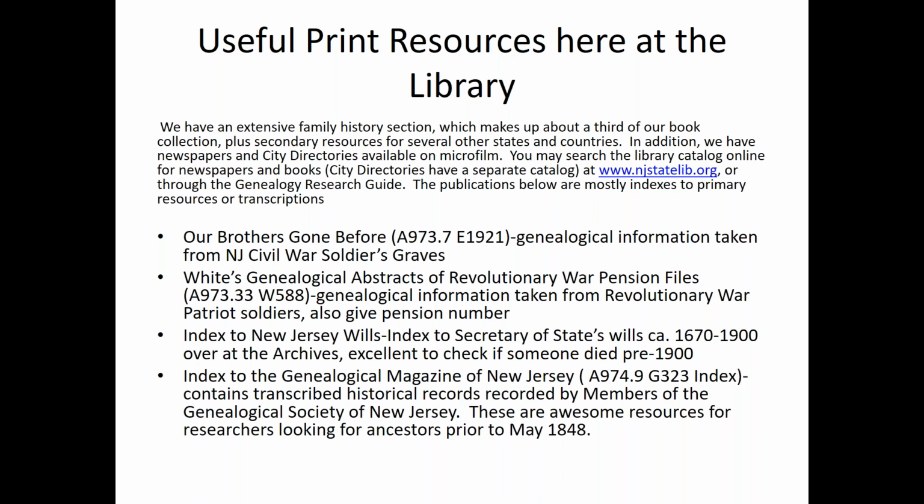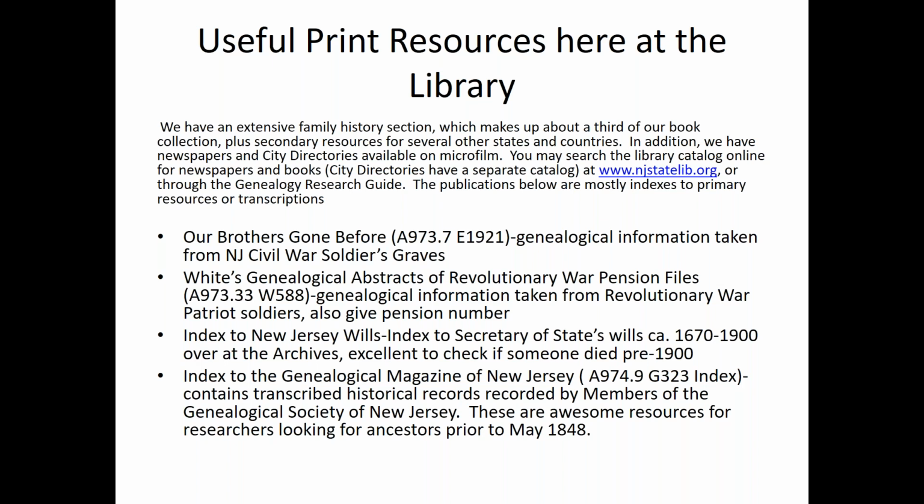And the Index to the Genealogical Magazine of New Jersey and the Genealogical Magazine of New Jersey issues themselves are highly useful because they contain transcribed historical records, which members went around and harangued various historical societies, churches, and cemeteries into letting them transcribe their records, and then they were all published here.